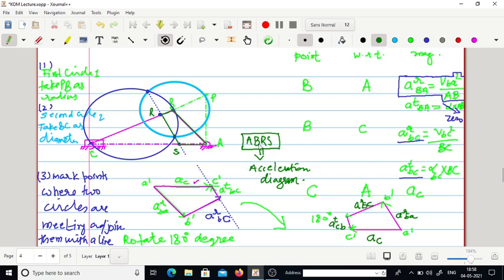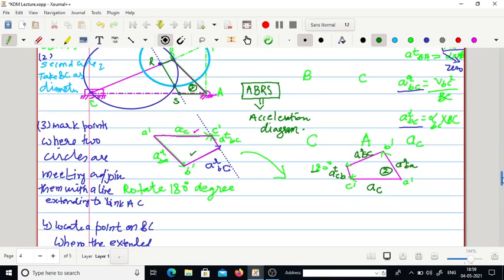We will apply the similarity law between ABRS and the one obtained by the normal graphical method, which was again rotated by 180 degrees. So we will apply the similarity law between this one and this one.